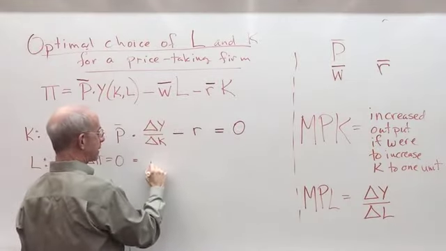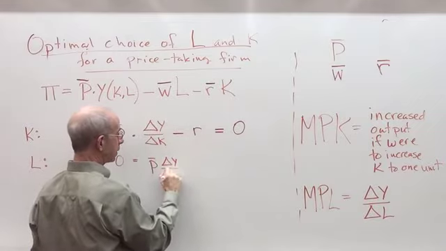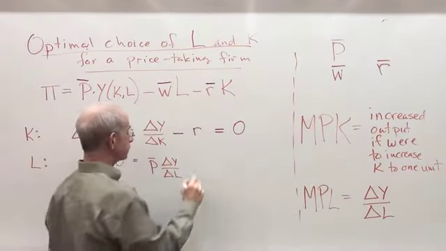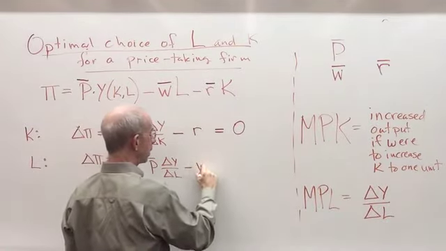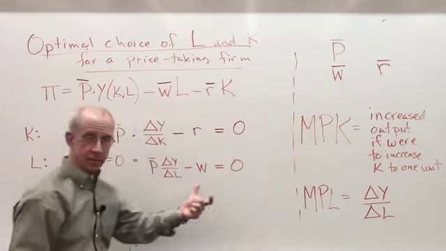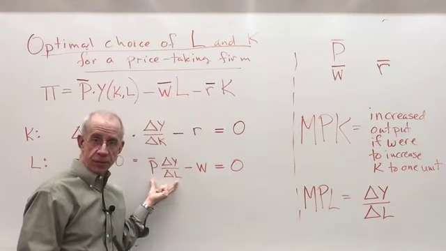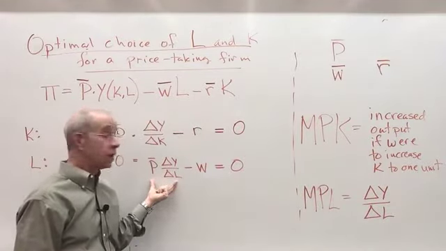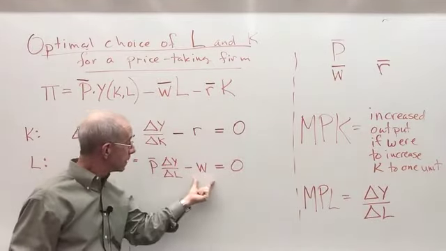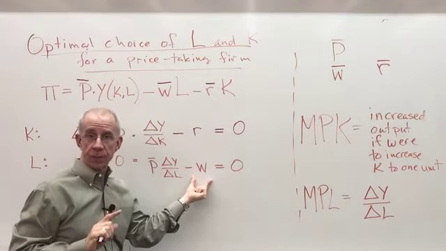That's going to be equal to the price times the change in output when you change the amount of labor, minus the wage rate, all equal to zero. Now again, let's go back and look at this. This component is how revenue changes when you change the level of labor used by one unit. This is how much one more unit of labor would cost.